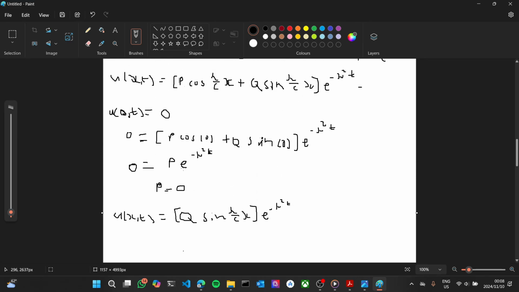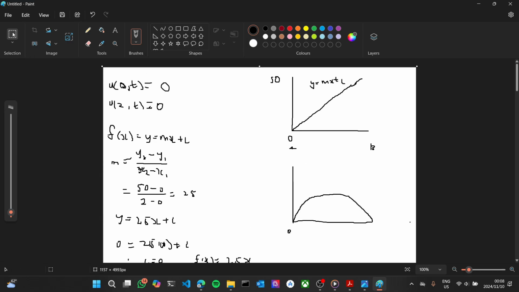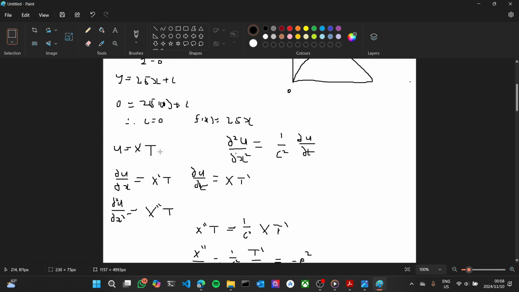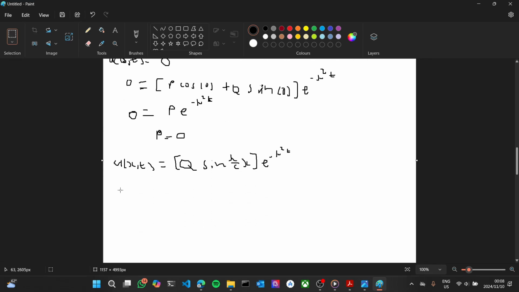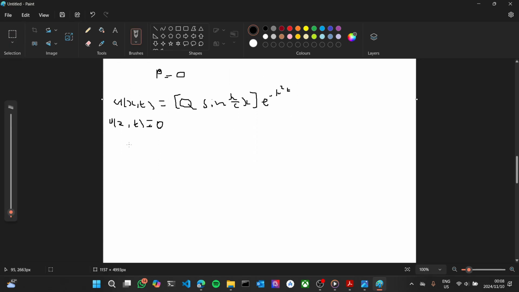Cool. Now we're going to use the next boundary condition. U of x of t, where x is equal to 2. I'll just continue as we did before. So here 0 is equal to q of sine. Now substitute 2 into x, so we'll have 2 lambda over c multiplied by e to the minus lambda squared t.